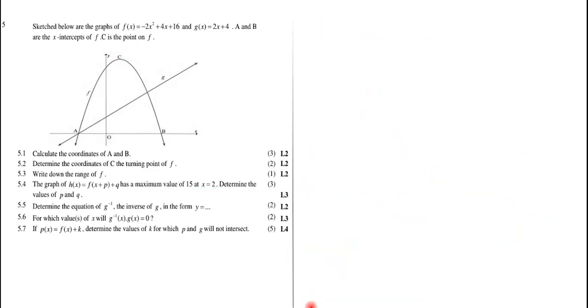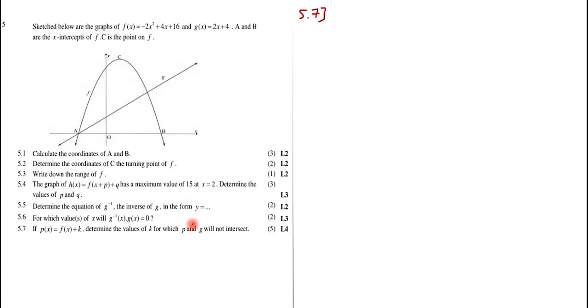All right, so now let's have a look at 5.7. So 5.7 goes as follows. If p of x is equal to that, determine the values of k for which p and g will not intersect. So here we basically want to find the values of k for which the equation of p and the equation of g won't intersect.